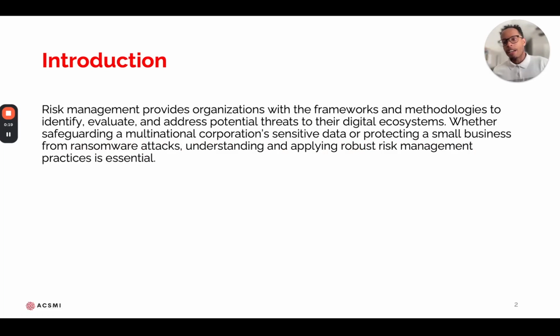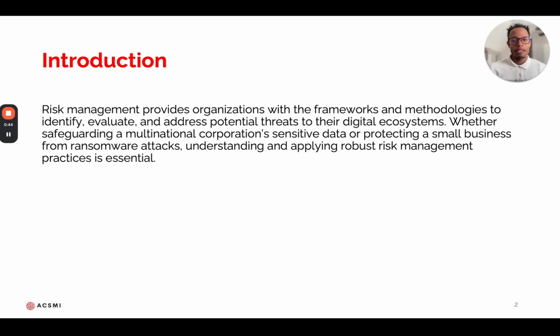So the introduction here. Think about risk management as a way to provide organizations with the framework and the methodology around how to identify and evaluate potential threats. Because think about it, where else are we going to have these different threats? If it's not personal, it's going to be on the business side. Now, it's all about safeguarding what we like to call digital assets, safeguarding sensitive data.